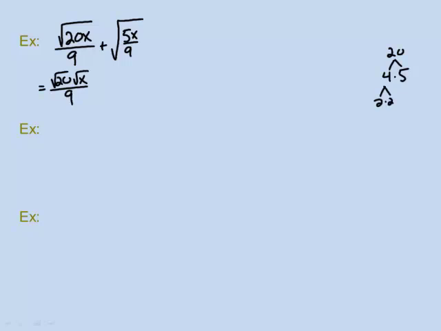So the square root of 20 could be rewritten as the square root of 4 times the square root of 5, or the square root of 2 squared times the square root of 5, times the square root of x divided by 9, which then simplifies further to 2 square root of 5 times the square root of x divided by 9.